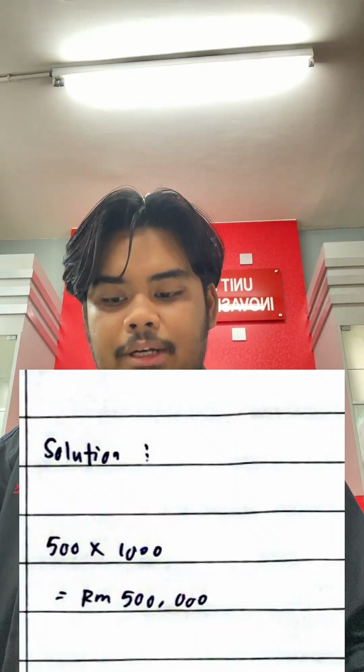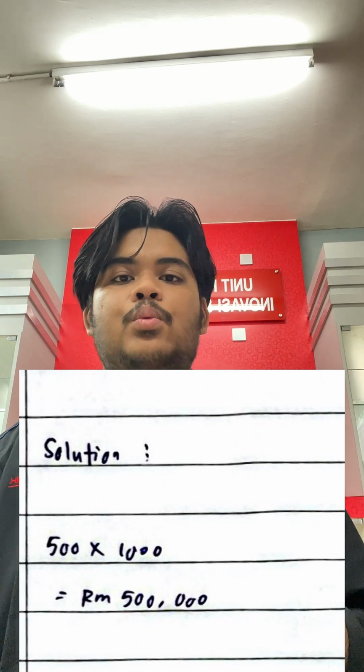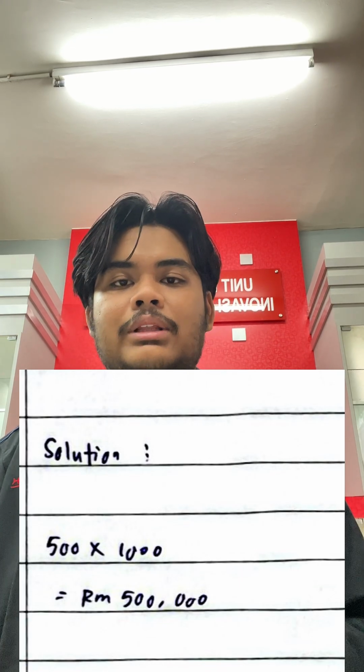According to the question, we have to find the total CIF value for 1000 units. First, we take the CIF value per unit, which is RM500. We times 1000 because of the import of 1000 mobile phones.